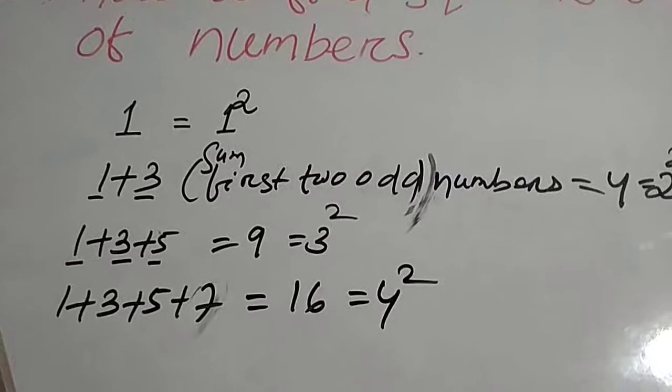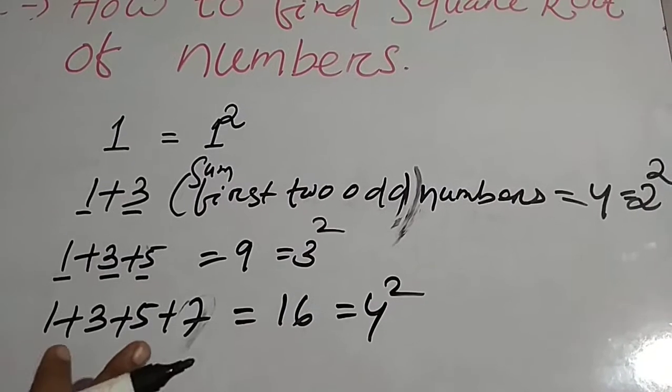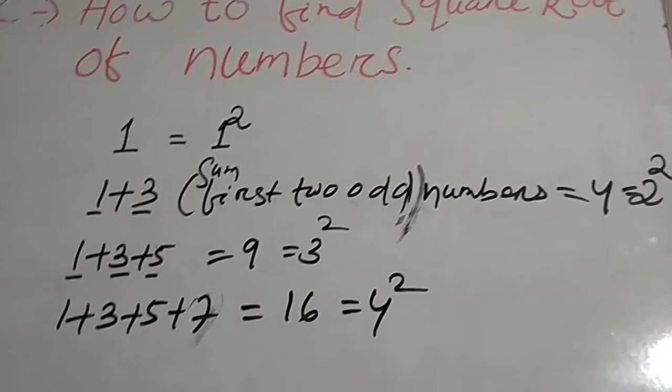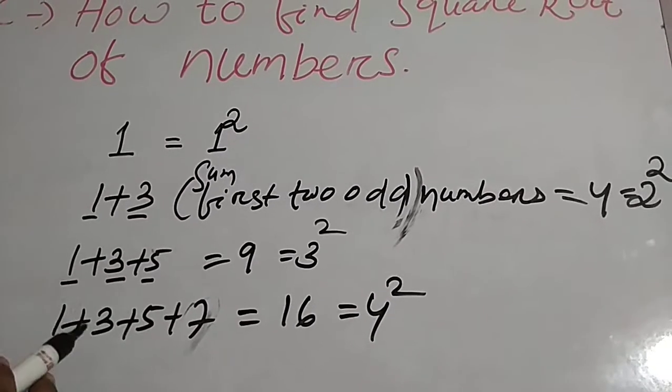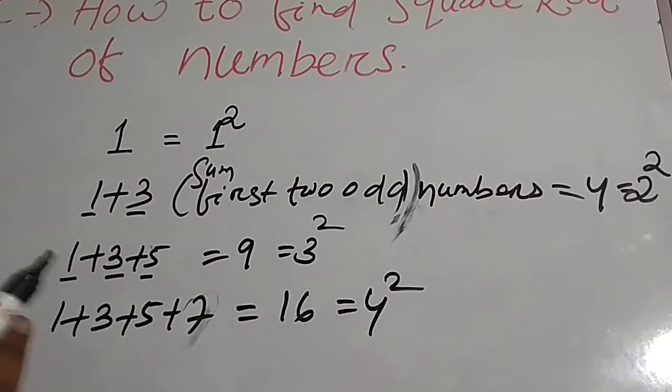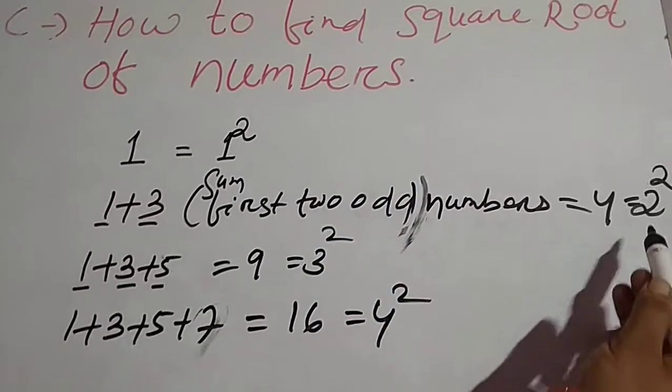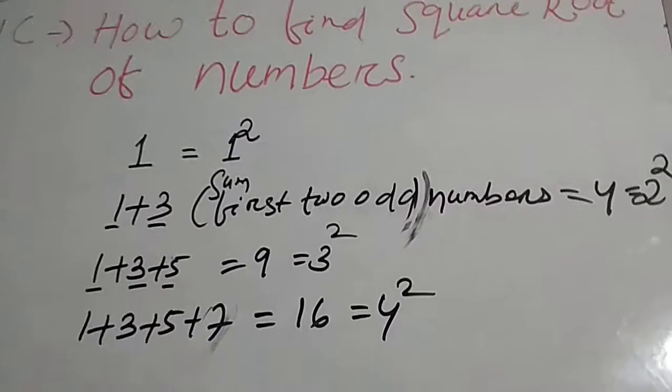Okay, we know that the sum of successive odd natural numbers starting from 1 is a square number. 1 square, 2 square, 3 square, 4 square.